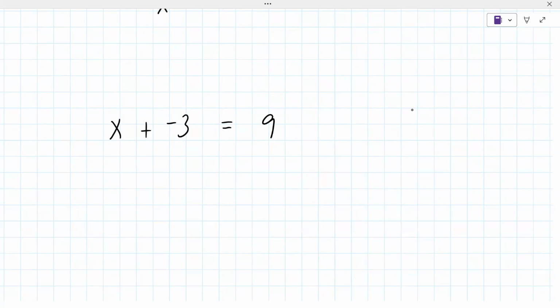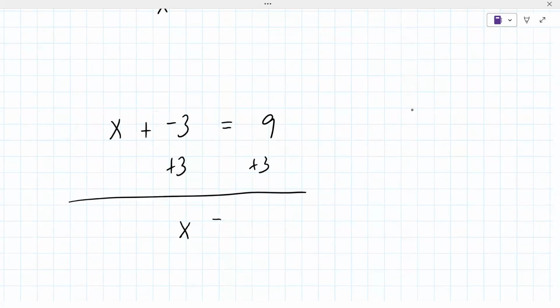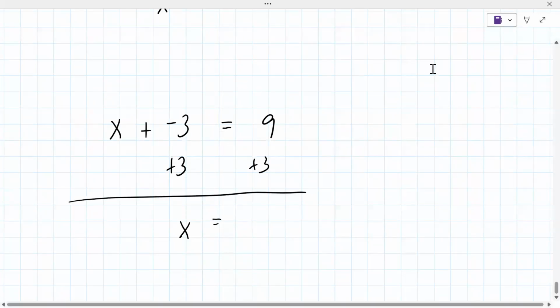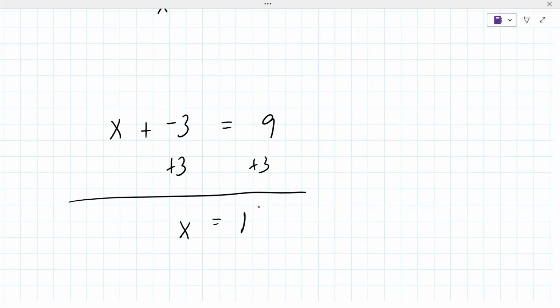You add 3 to both sides. So x becomes what? You're adding 9 plus 3. 12. Good.